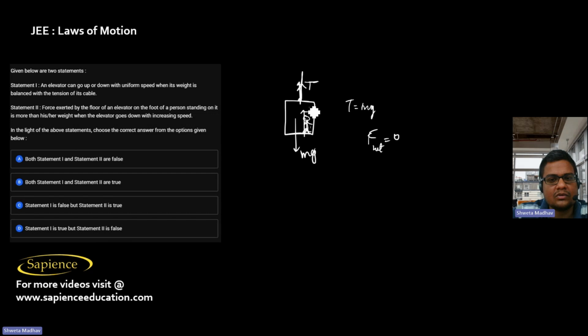So it is the normal reaction which is acting upwards on the person. If it is going down with uniform speed, it means acceleration is zero only. Then the normal reaction will be equal to his or her own weight.